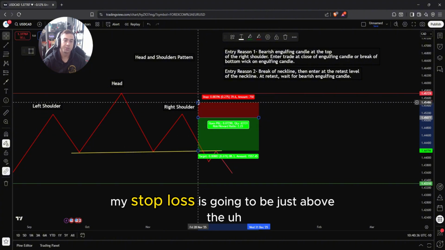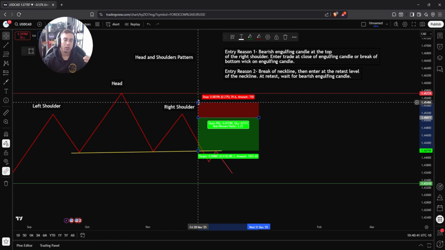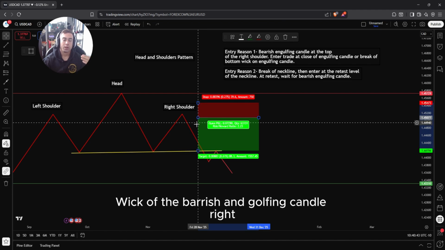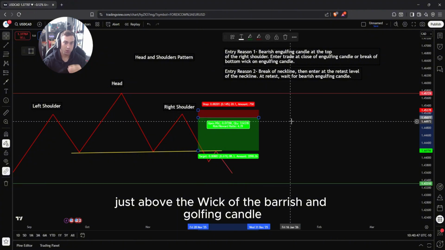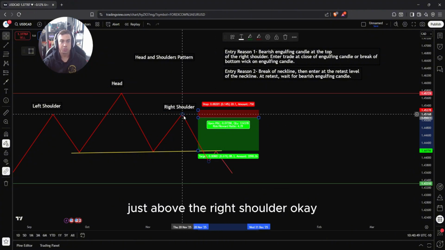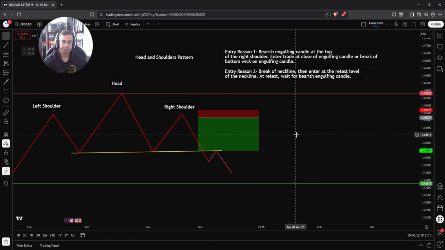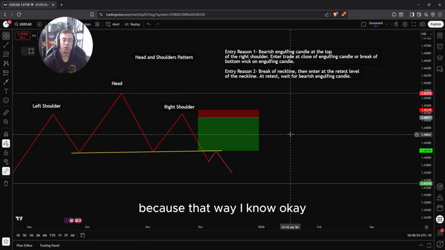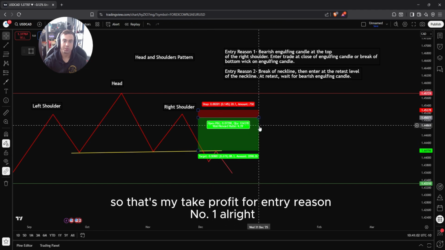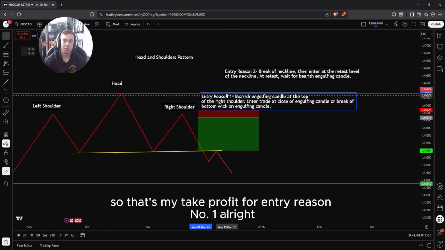My stop loss is going to be just above the wick of the bearish engulfing candle, which is somewhere just above the right shoulder. That way I know that if that wick gets broken, my trade is invalid. So that's my take profit for entry reason number one.